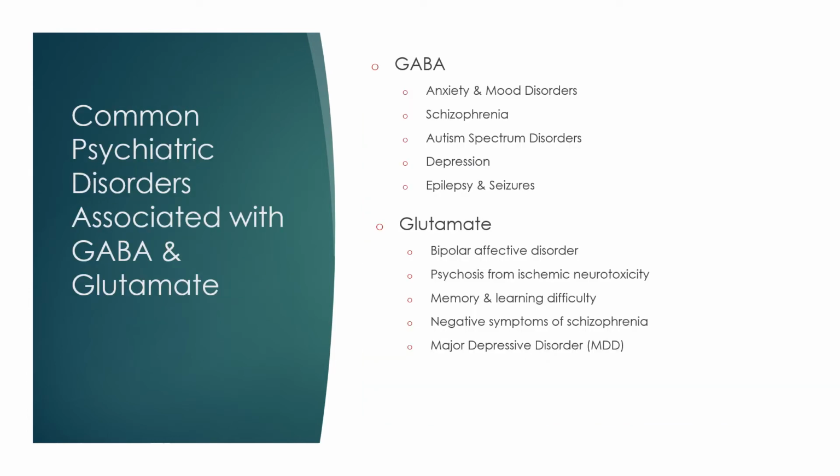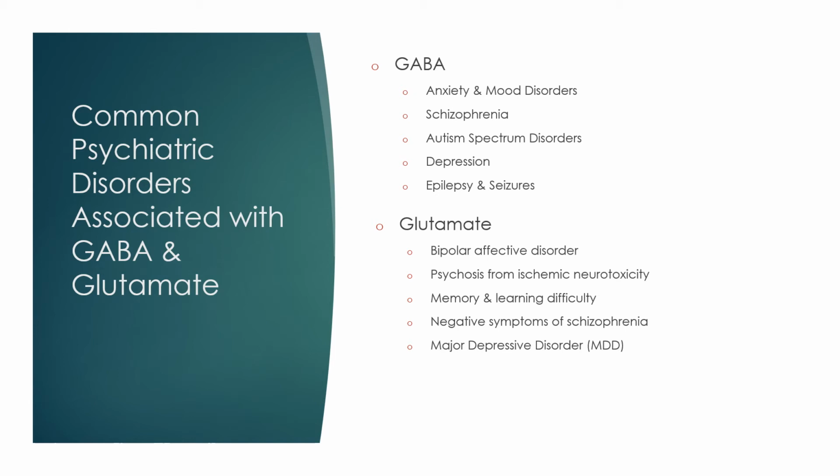So looking at some common neurologic and mental health conditions related to both of these. Decreased GABA can contribute to anxiety and mood disorders, schizophrenia, autism spectrum disorder, depression, epilepsy, or seizures.